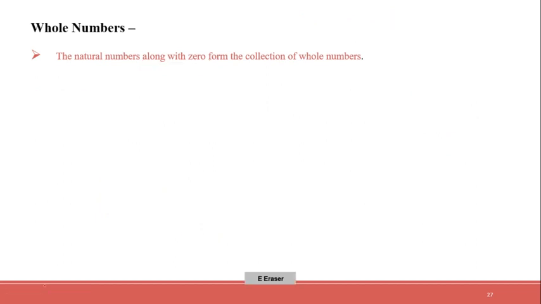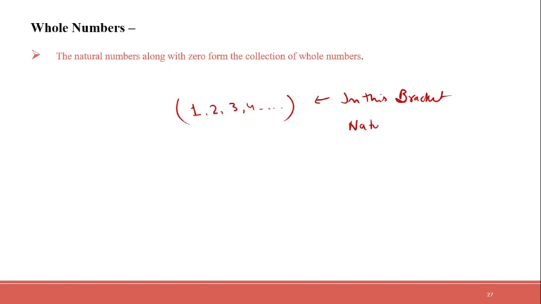Here, let me explain it once again to you. If here it is a bracket and it is written here like 1, 2, 3, 4, and so on, we will say that in this bracket natural numbers are written, right? Natural numbers are written.